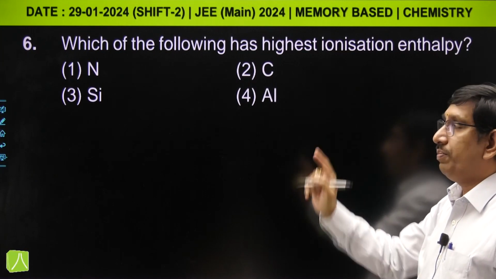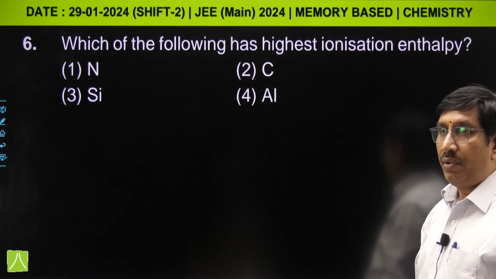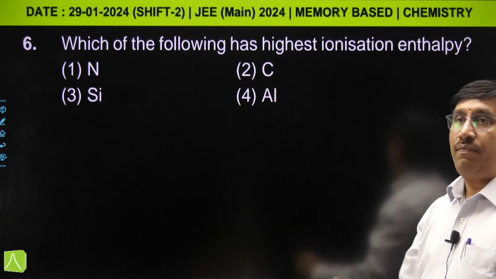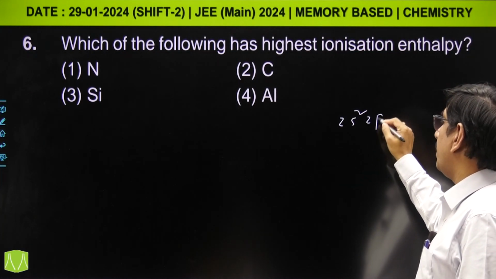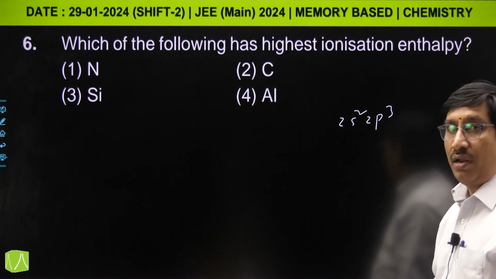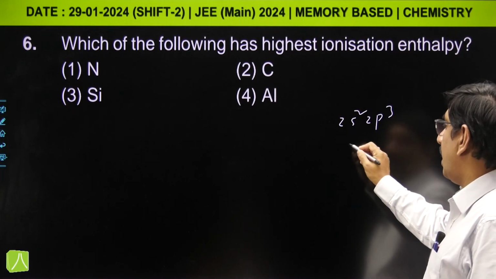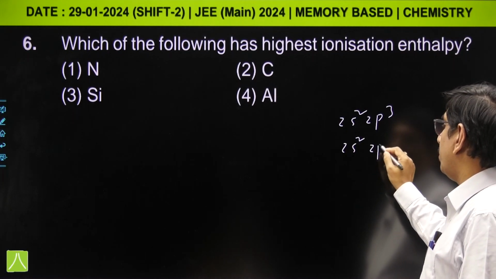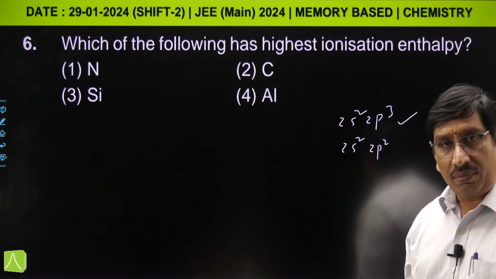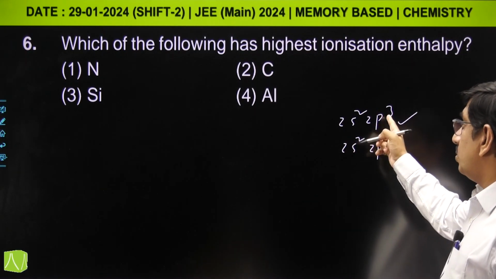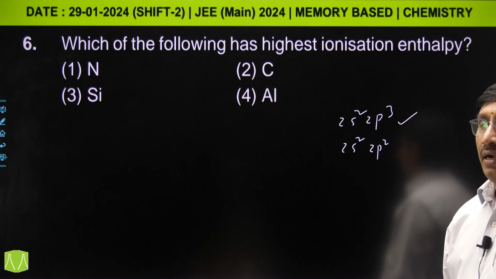And in second period, nitrogen and carbon, nitrogen has half filled configuration, that is 2s2 2p3 configuration for nitrogen, outer configuration of nitrogen. For carbon, it is 2s2 2p2. So, due to half filled configuration, it is more stable, that is why it requires more energy to remove the electron.